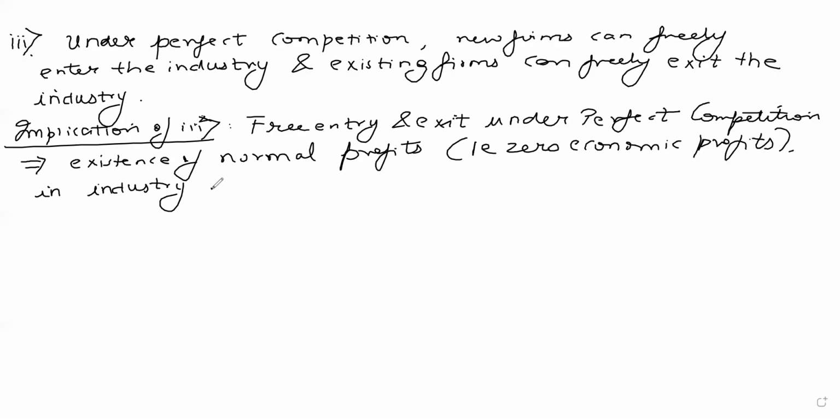So guys, very simple. Whenever the industry starts making profits, new firms will enter the industry and they will increase the supply, which will cause the price to fall such that the industry is back to normal profits. On the other hand, when the industry is making losses, existing firms will leave the industry, which will reduce the supply, which in turn will cause an increase in price so that the industry is back to normal profits.